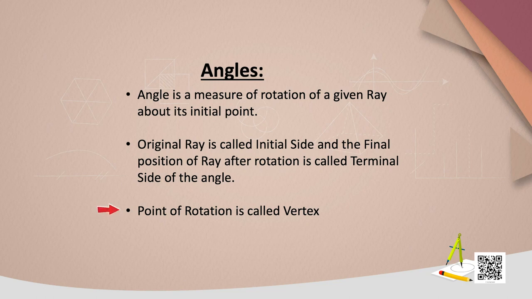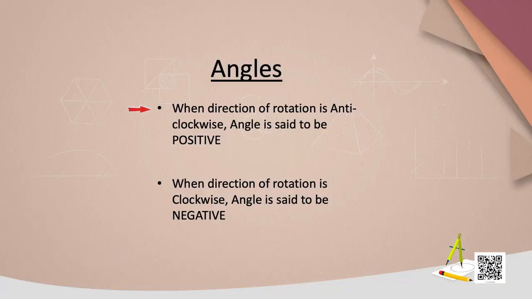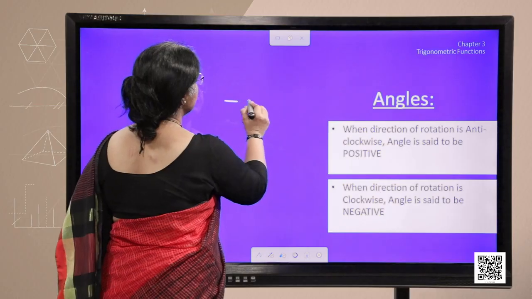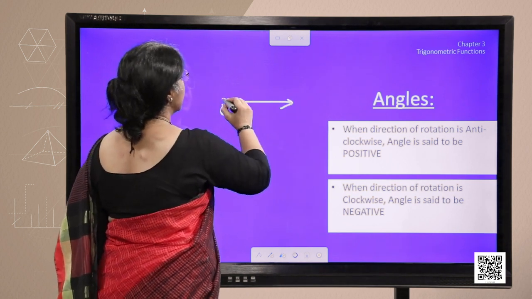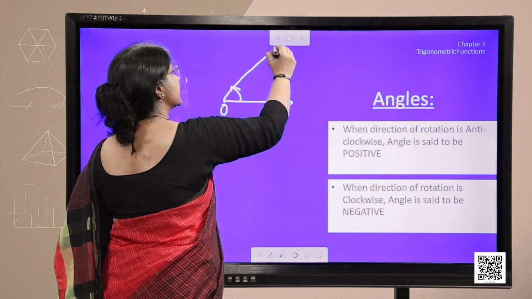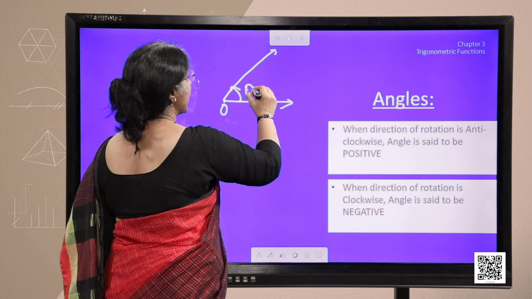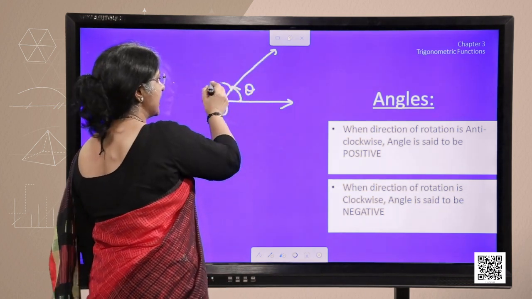Here it is O. Now, angles are of 2 types. When a direction of rotation is anti-clockwise, see here, this is the initial ray, this is vertex, and if we move anti-clockwise, angle traced is called positive angle. Now, terminal ray is moving anti-clockwise like this.